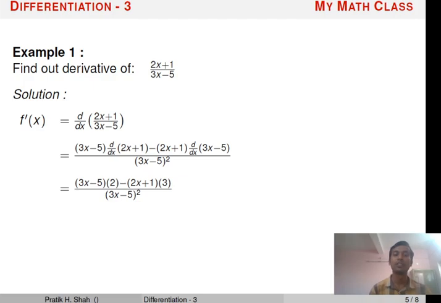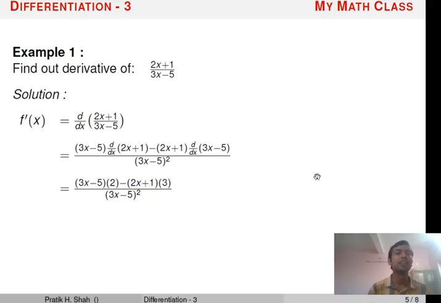This gives us 3x minus 5 as it is, into the derivative of 2x plus 1, which is 2, minus 2x plus 1 into the derivative of 3x minus 5, which is 3, divided by 3x minus 5 whole square.